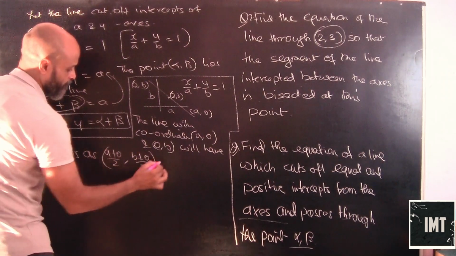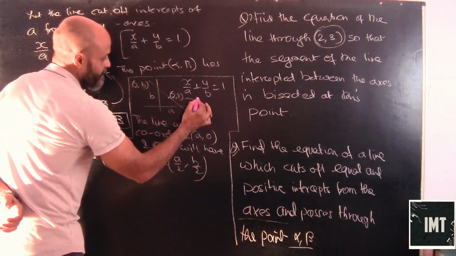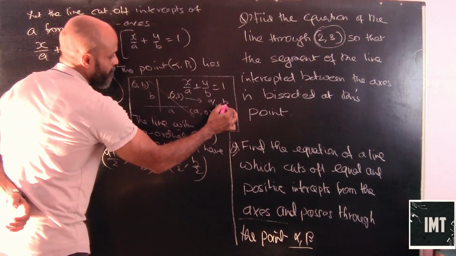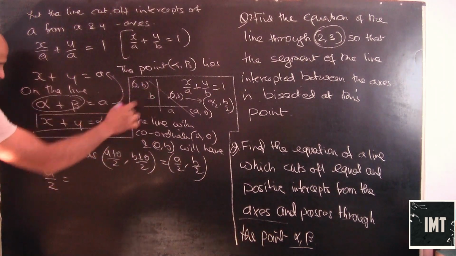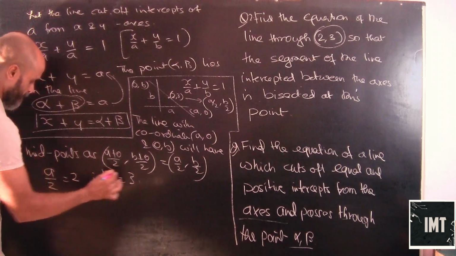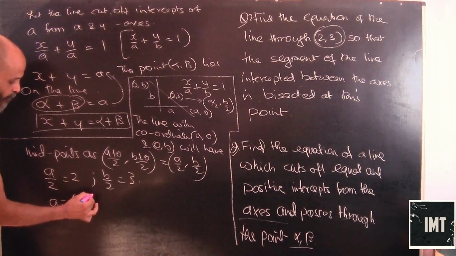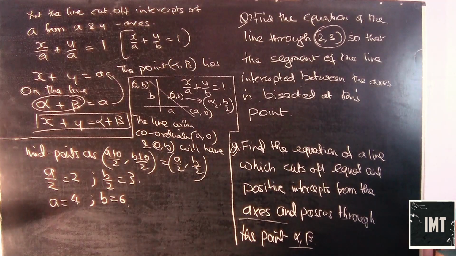So, that will be a by 2 and b by 2. Since this is the same as the point 2, 3, we can say a by 2 is equal to 2 and b by 2 is equal to 3. So, this gives us a is equal to 4 and b is equal to 6.